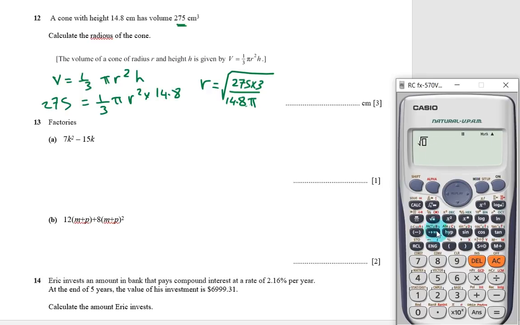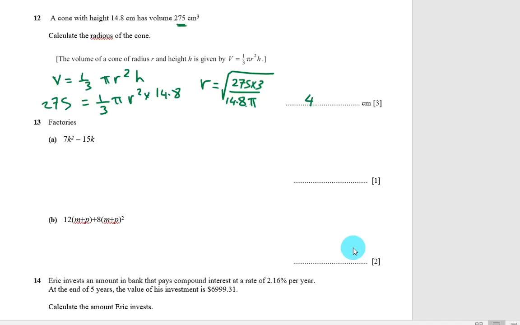Square root of, open the bracket, 275 by 3 divided by 14.8 by pi. Close your bracket and then equal. 4.2. So the radius will equal 4.21. Let us go ahead.